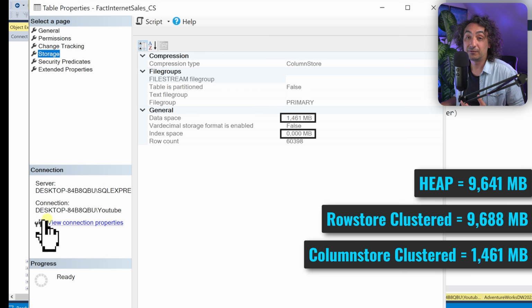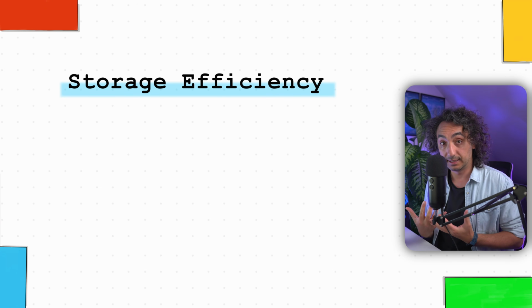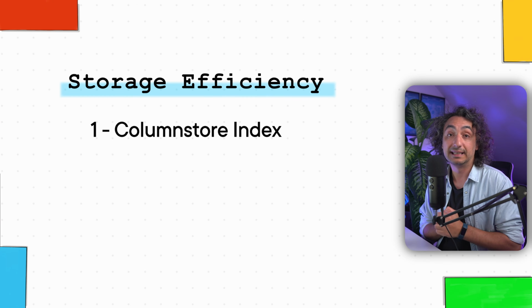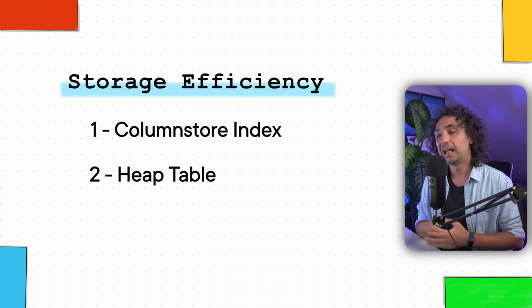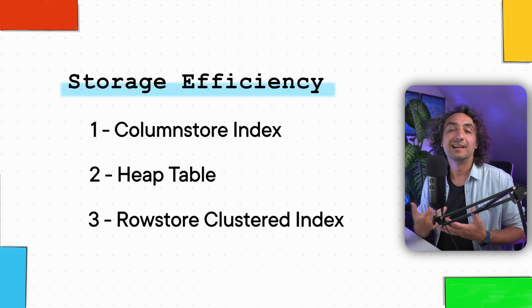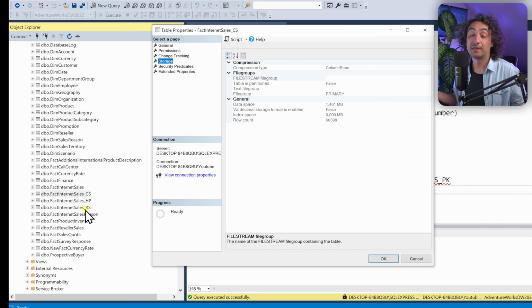So as you can see, if you compare it to the others, it is the winner. This table that is using the Columnstore is consuming way less storage than the others. So if you want to rank them based on storage, the best one is the Columnstore index table. Then the next one is the table with the heap structure, and the worst one is the table with the Rowstore clustered index. So that's true, the Columnstore index is consuming less space than the other types of indexes.